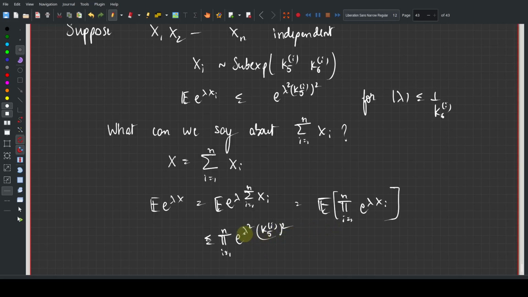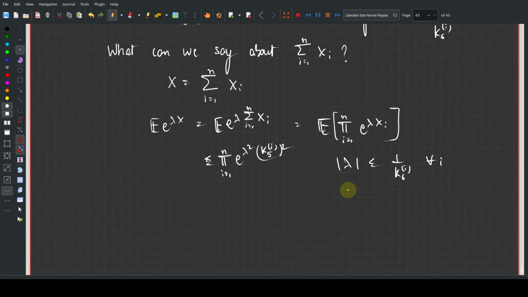Correct. So remember that each bound is valid only in a certain interval, and for all of these bounds to hold, it should be valid in the intersection of all of these intervals, right? So basically absolute value of lambda should be less than or equal to 1 over k6 i for all i, right?